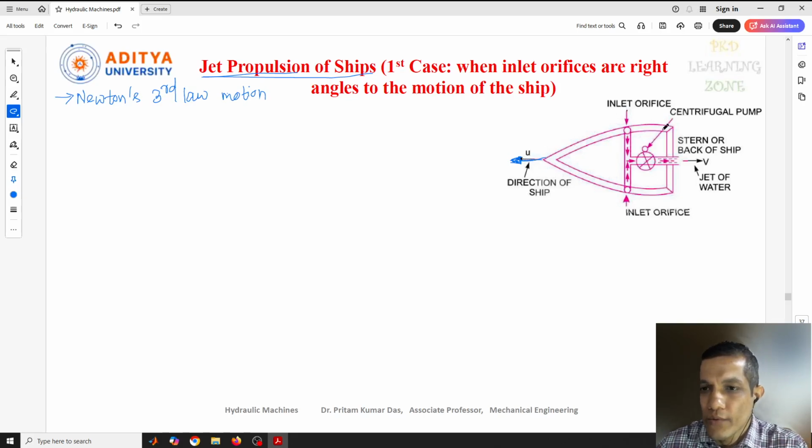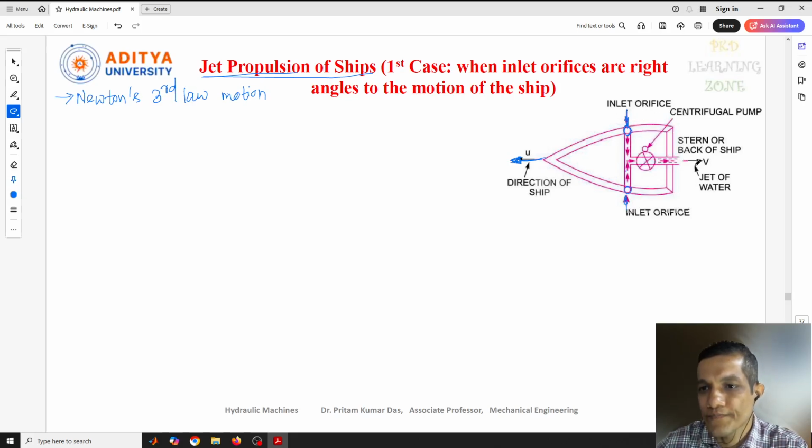Okay, so in the ship we have taken two orifices at the two sides, and this is the inlet of the orifice, and through this the water is going inside the ship. A jet of water is discharged at the back.